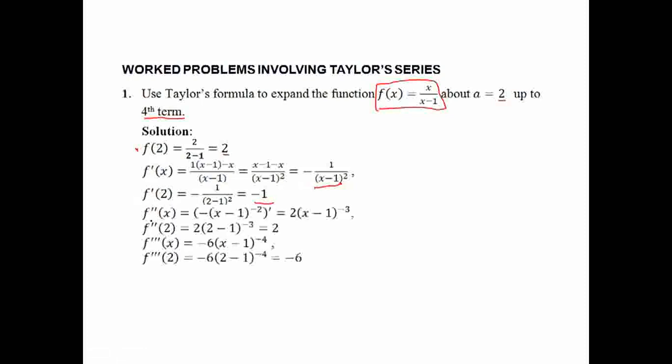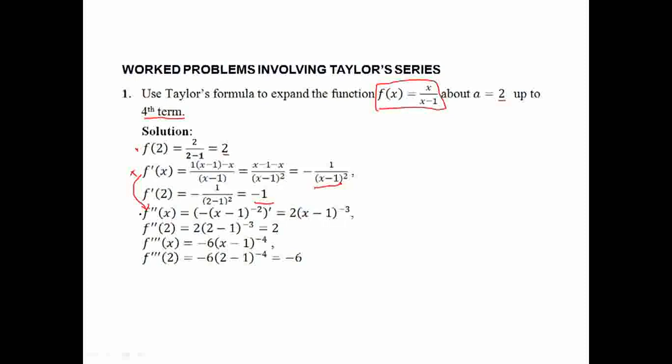Then again, we find the second differential coefficient. This same function, we differentiate it again. After differentiating it again, we get the function 2 open bracket x minus 1 close bracket raised to the power negative 3. Then in this second derivative, where there is x, we put 2, and it gives us 2.